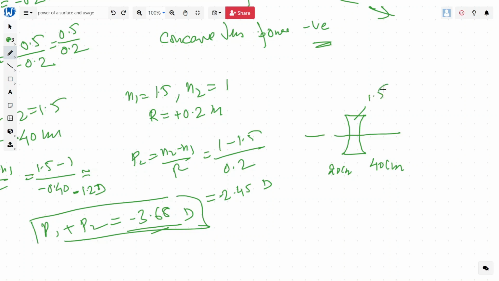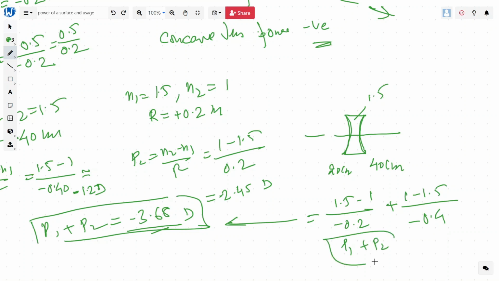And then this is 1.5, and we can calculate the power for surface number 1, okay? This one is going to be again N2 minus N1, 1.5 minus 1 divided by, and this is on this side, so minus 0.2. And for the second one, this side now N1 is 1.5 and N2 is 1, so 1 minus 1.5 divided by minus 0.4, and you will arrive at basically the same result, right?